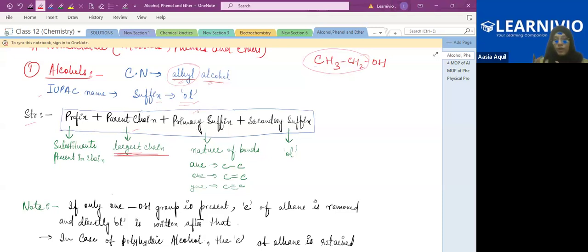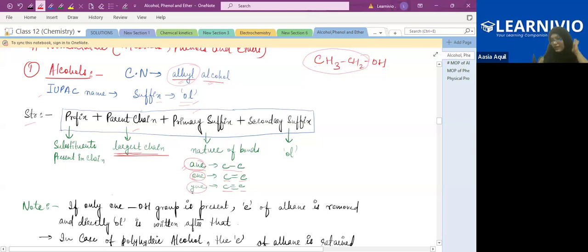If there are only single bonds, you write ane as the primary suffix. If between the carbon and carbon there is a double bond, this is an alkene, and for alkene you use the suffix ene. And if there is a carbon-carbon triple bond, you use the suffix yne, which shows that there is a triple bond present in the carbon chain.